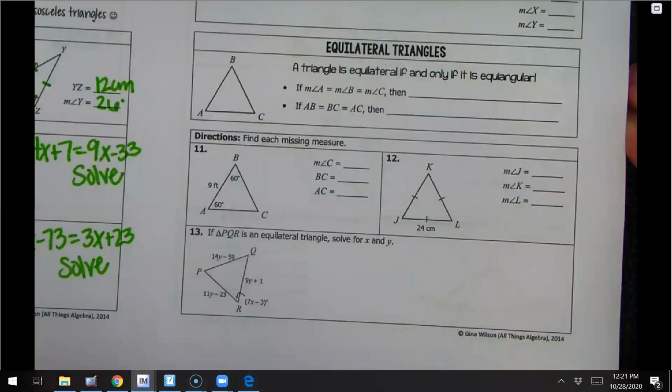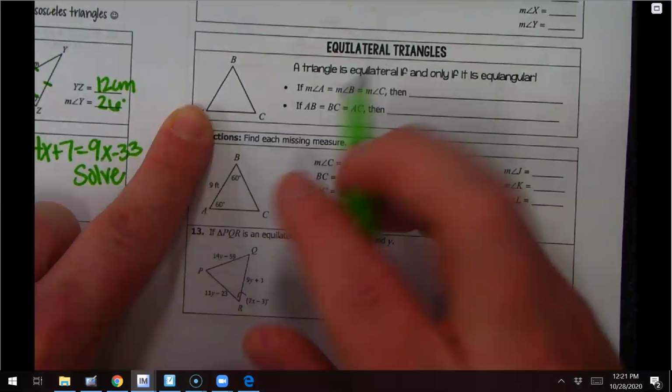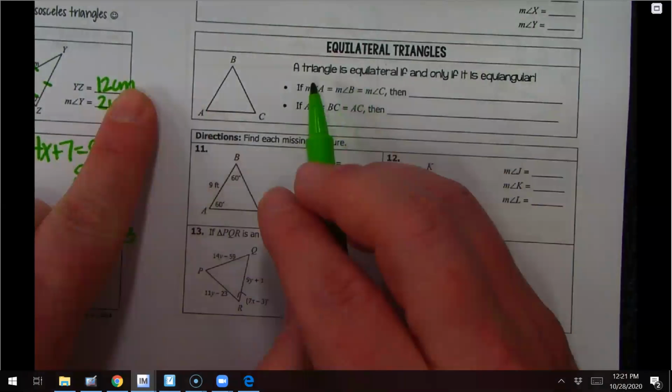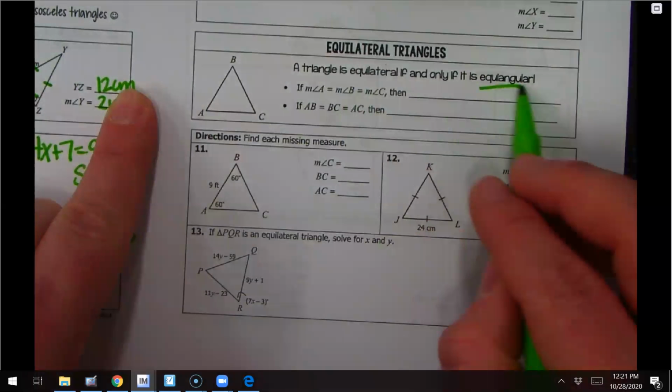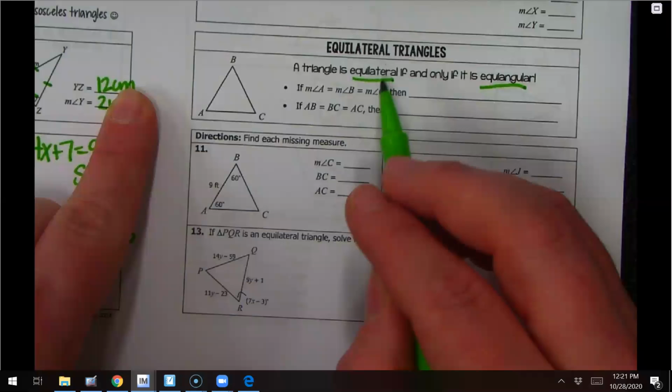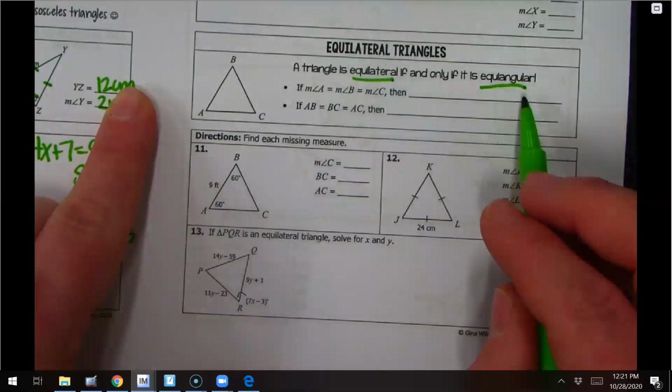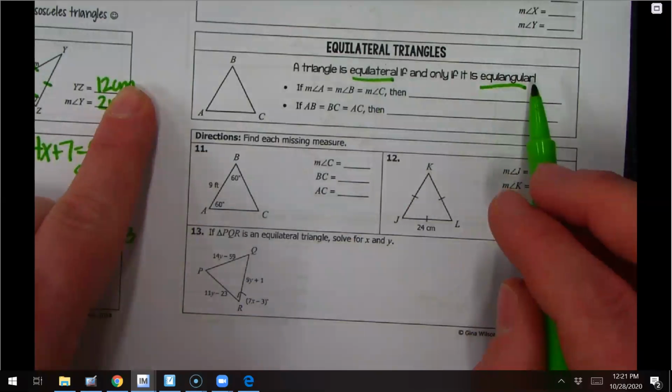With an equilateral triangle, a triangle is equilateral if and only if it is equiangular. Remember, lateral deals with the sides, angular deals with the angles. So it has the same measurements of sides and the same measurements of angles.